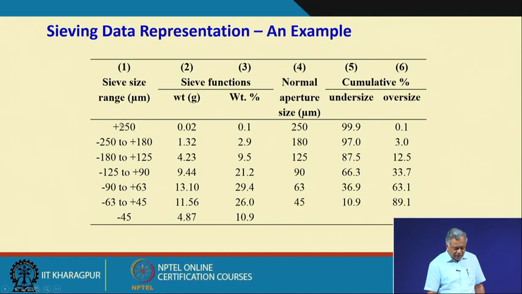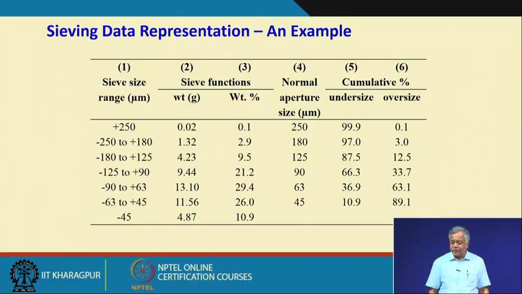What does this plus sign say? It is a convention in mineral processing that plus means the retained material. That means this 0.02 gram of material was retained on the sieve having an aperture of 250 micrometer.